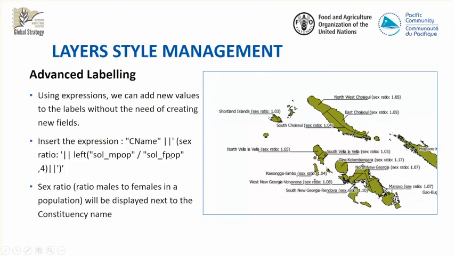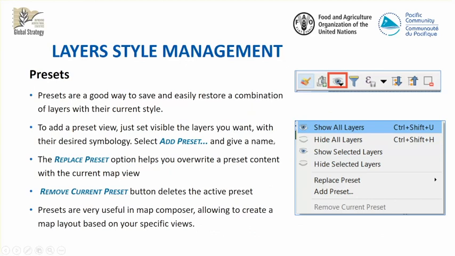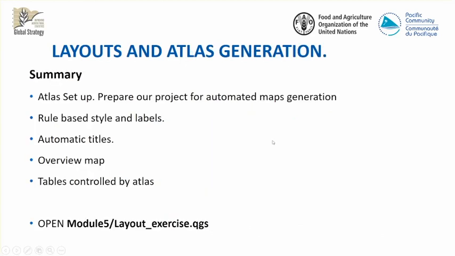So for the moment, this part of advanced labeling, I'm gonna leave it here because it's gonna be a long day, and if at the end of the day I have a couple of slides and a couple of examples more to show you about this advanced labeling, okay, but I prefer to start with the atlas.